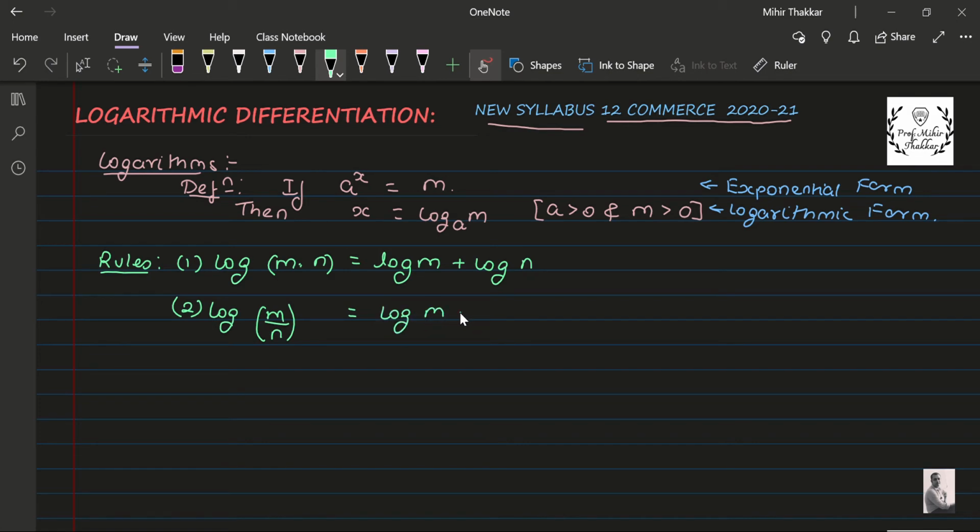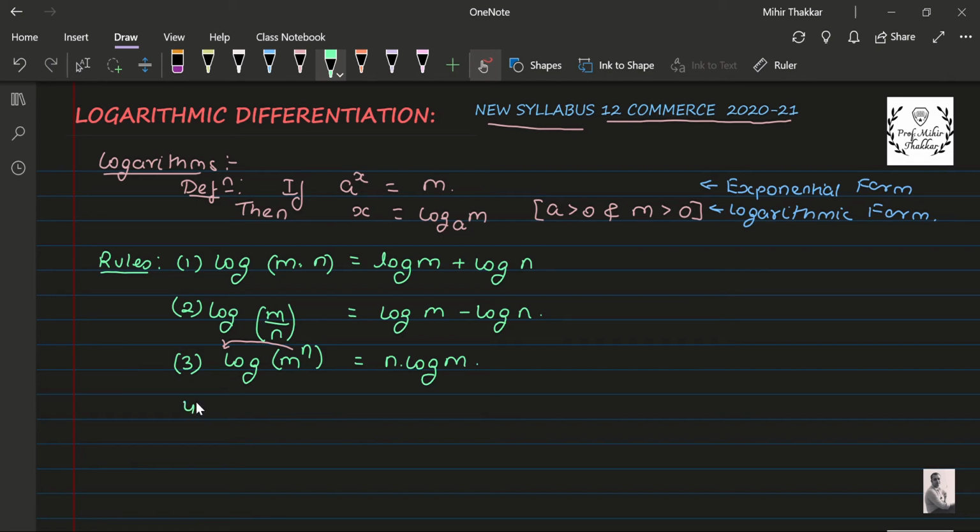So log of m minus log of n. Number three, if I have log of m to the power n, whatever is in the power will get multiplied in front of the log. So the answer that I will get over here is n into log of m.